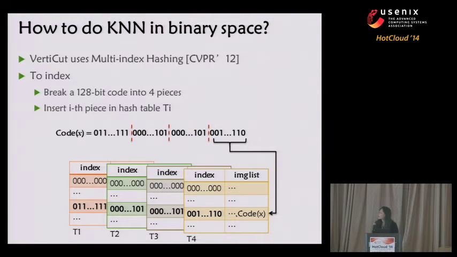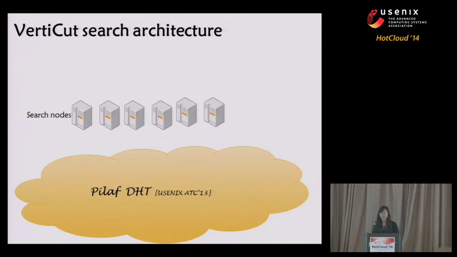Since VertiCut performs vertical partitioning, these hash tables must be distributed among machines. But we don't shard the tables ourselves. Instead, we use a DHT for this.